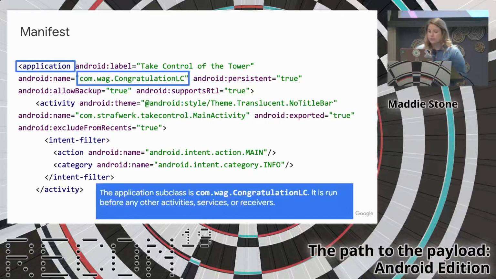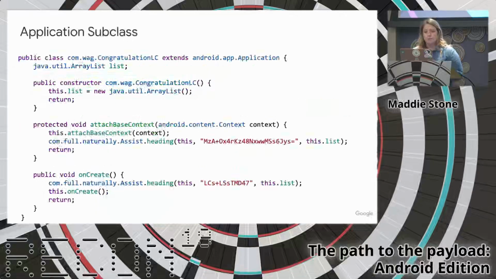And what's interesting about an application subclass in Android is if it is defined, that is run prior to any receivers, activities, or services within your application. So yes, they have defined some activities, but those are benign, and they're not actually executed because this runs before them.